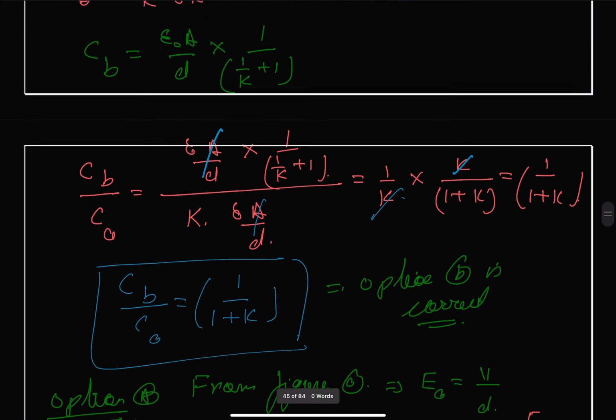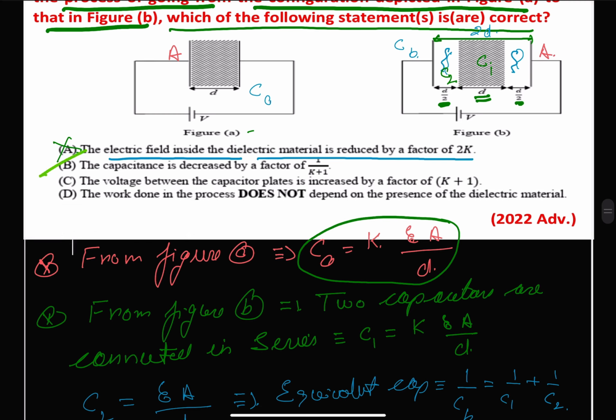So option B is correct. It says the voltage between the capacitor plates is increased by a factor of K plus 1. Okay. But the voltage across the capacitor remains constant, because it is connected to a V, so it is going to remain V. So option C is incorrect.